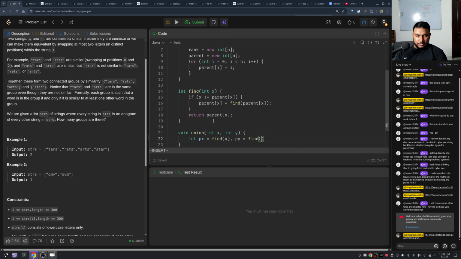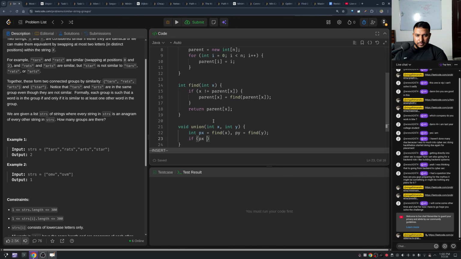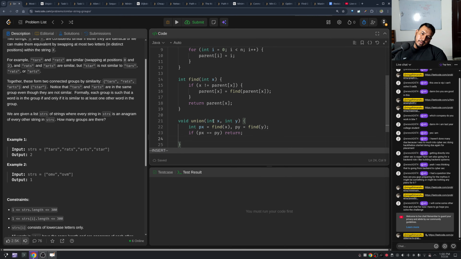Parent of y, find of y. If parent of x is parent of y, return.